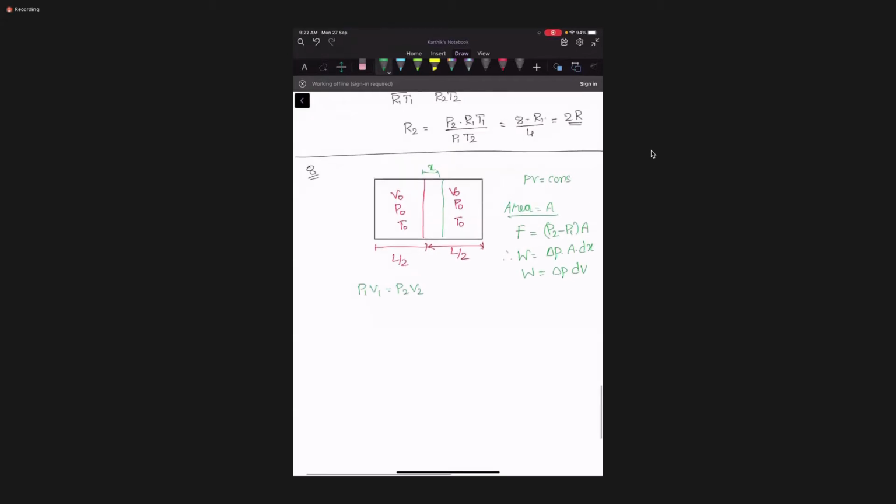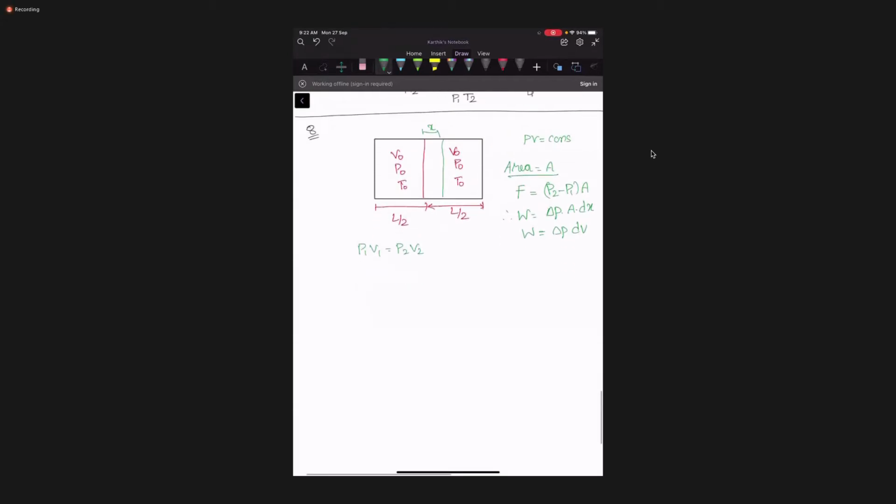Let me say initial volume is V0. So it will be P1 into V1, which will be P1 into V0 plus area into X, equal to P0 V0. Similarly, P2 into V0 minus area into X will be equal to P0 V0.